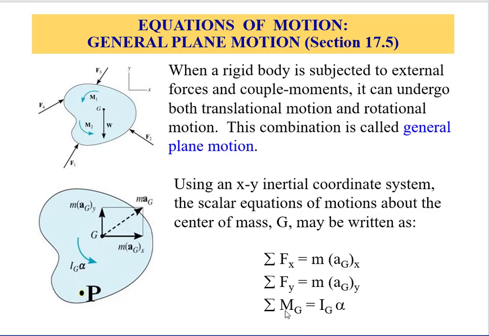And we calculate the summation of all the moments about that G to be equal to Ig alpha, which is the rotation.